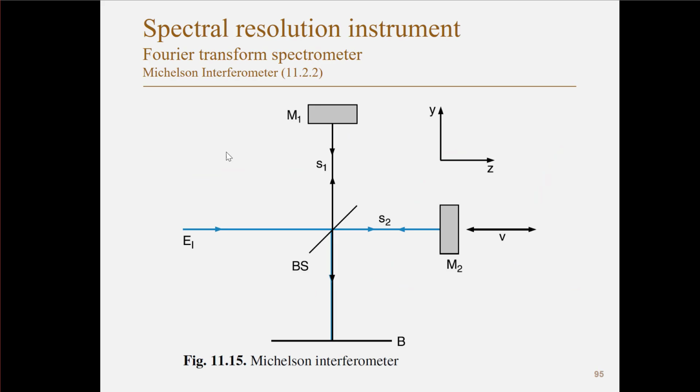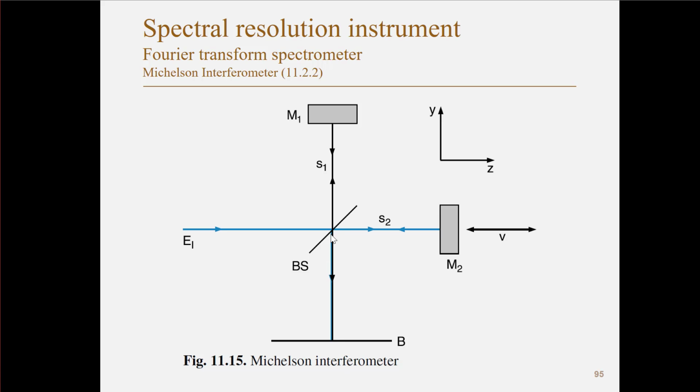Now in practice, these spectrometers look a little bit different because this is more stable. We have a light source coming in and a single beam splitter. The light here is split up, going up to this mirror here, and then comes back and part of it goes out this way.